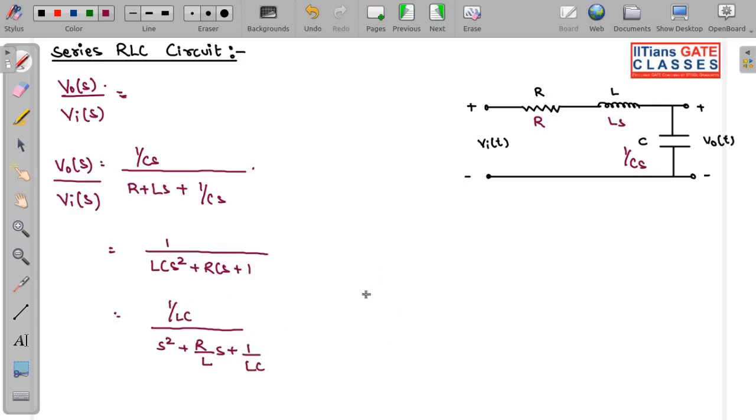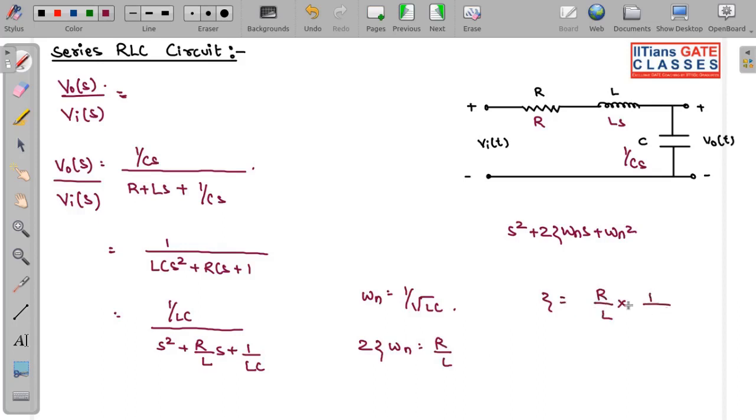So if you compare with S square plus 2 zeta omega n S plus omega n square, you can see omega n is equal to 1 by under root LC, and 2 zeta omega n is equal to R by L. So that means zeta is equal to R by L into 1 by 2 omega n.